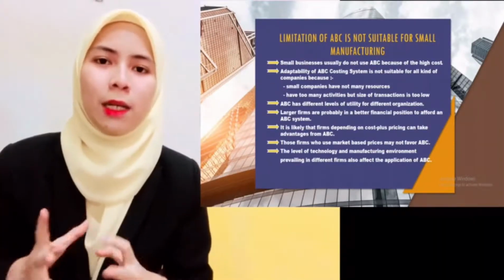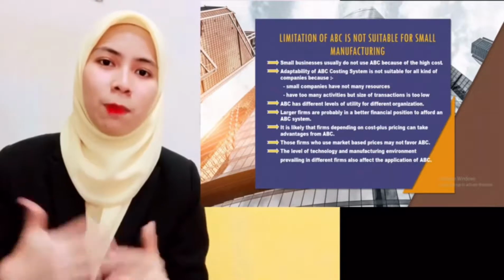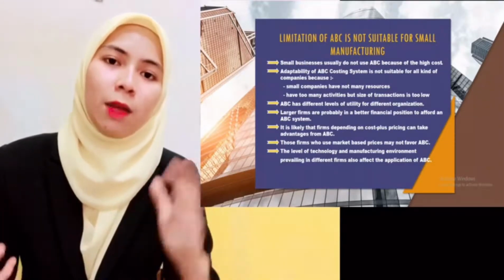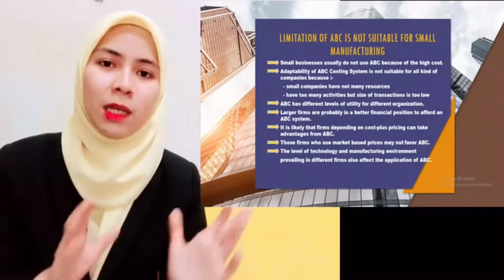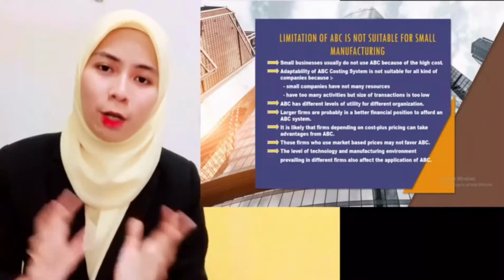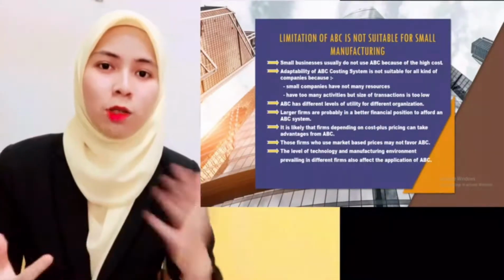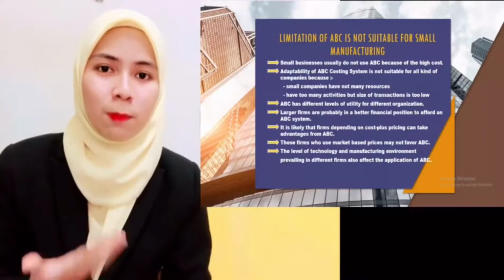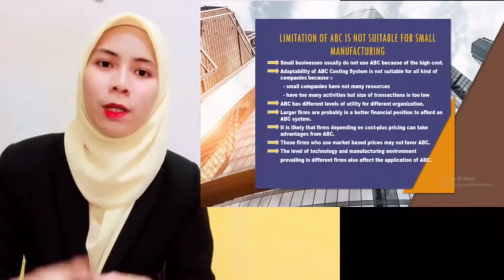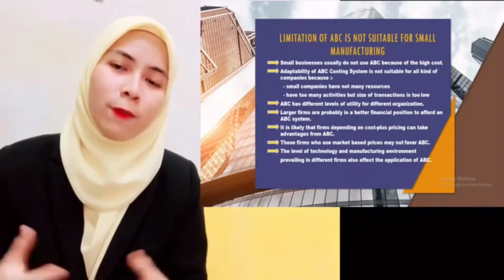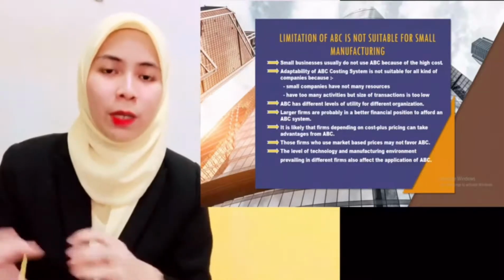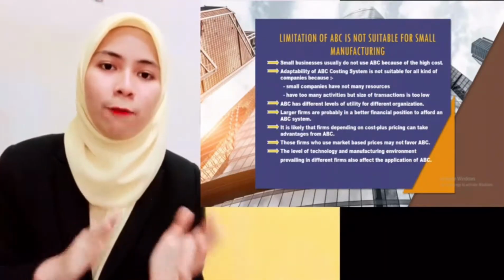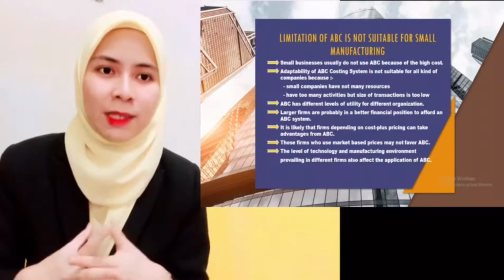It is likely that firms depending on cost-plus pricing can take advantage of ABC as it gives accurate product costs. But those firms who use market-based pricing may not favor ABC. The level of technology and manufacturing environment prevailing in different firms also affect the application of ABC.